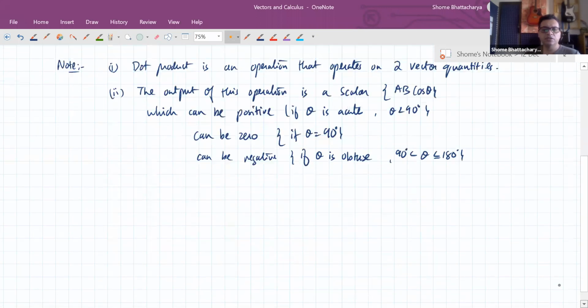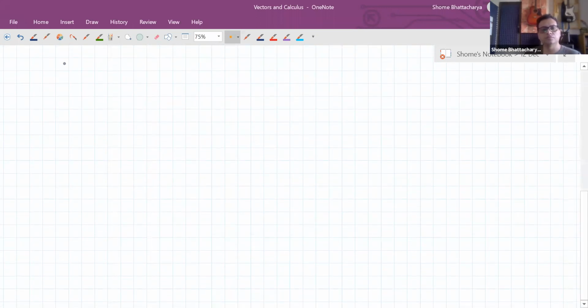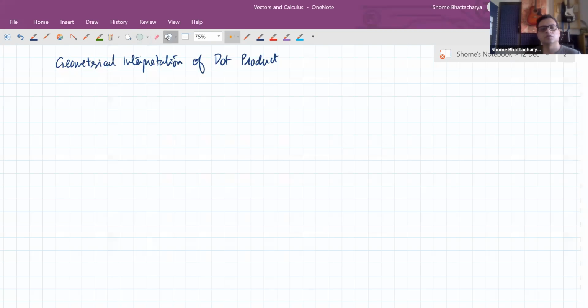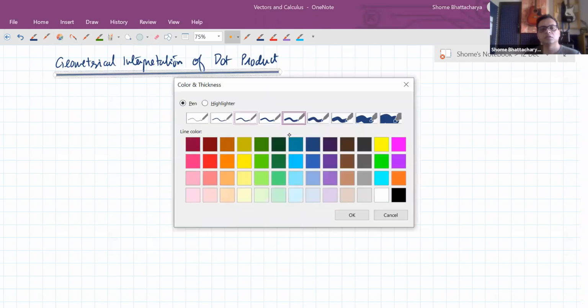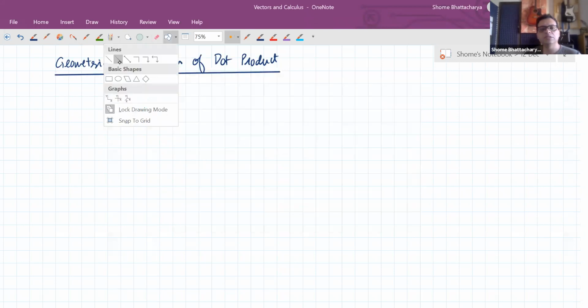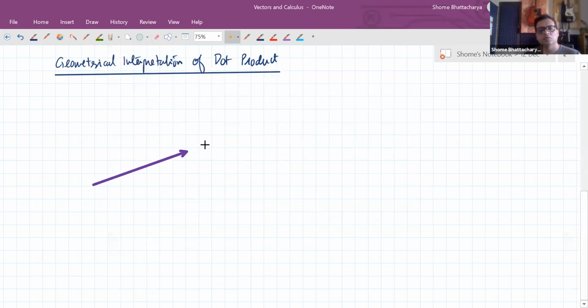Now next, let us look at the interpretation of the dot product, the geometrical interpretation. In the geometrical interpretation, we'll understand that supposing we have two vectors A and B whose geometrical representation is like this.